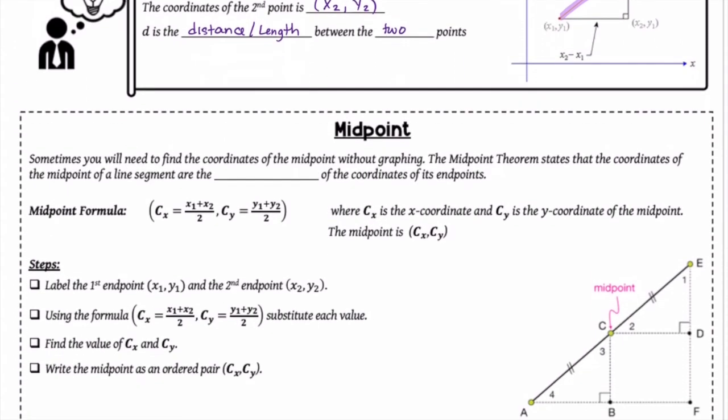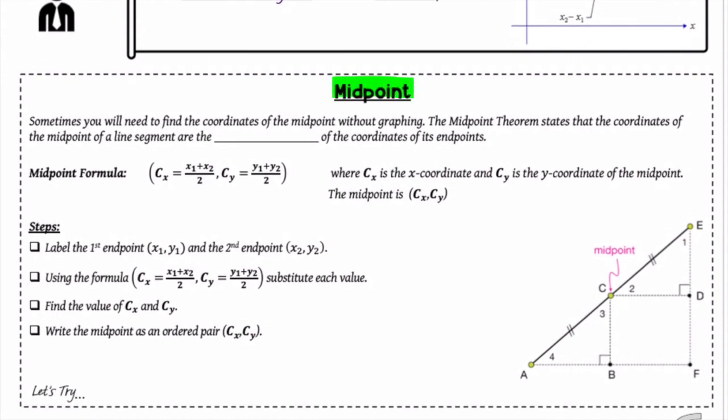The midpoint. Sometimes you will need to find the coordinates of the midpoint without graphing. The midpoint theorem states that the coordinates of the midpoint of a line segment are the averages of the coordinates of its endpoints.